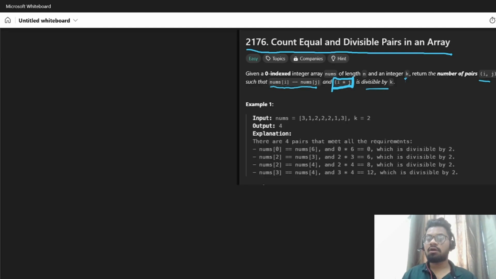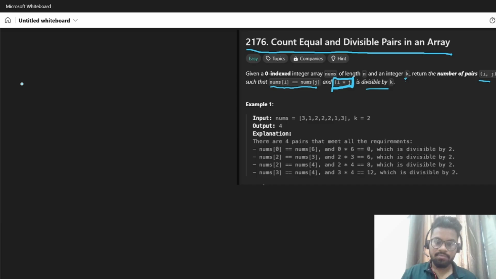So we need to figure out the number of pairs where the multiplication of their indices is divisible by k and the values at the respective indices are equal.